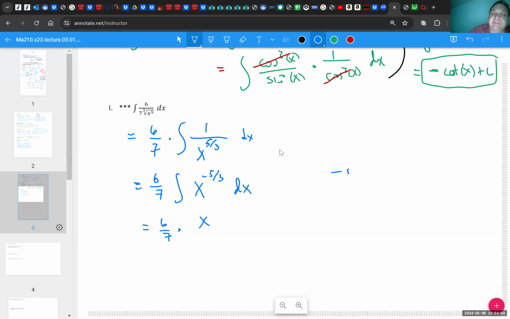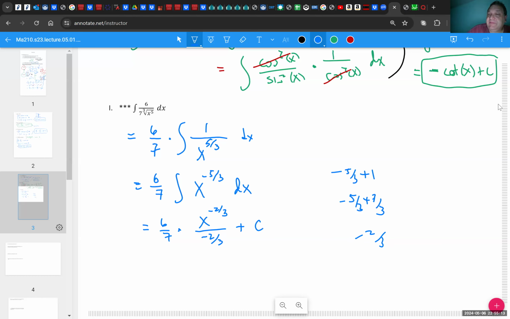Negative 5/3 plus 1 is negative 5/3 plus 3/3, which is negative 2/3. So we get x to the negative 2/3, and then we divide by negative 2/3. That's x to the n plus 1 divided by n plus 1. And then we get our plus c at the end.